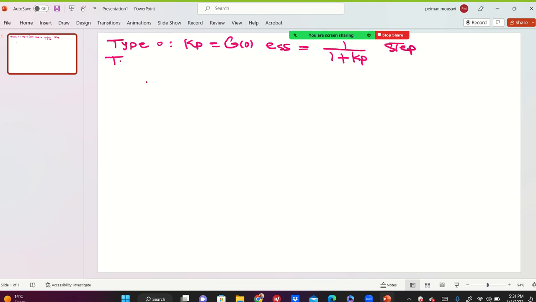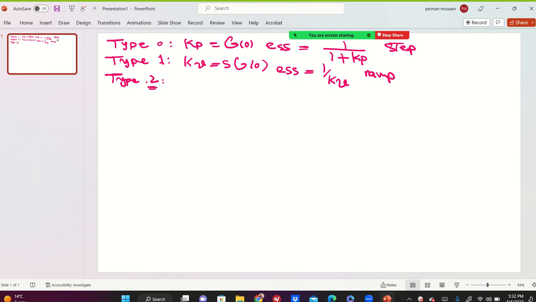And for type 1 system, I introduced Kv, that was sG(0), and the ESS was 1 over Kv for ramp input.